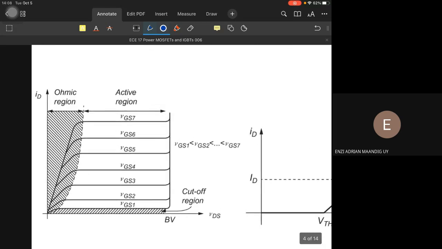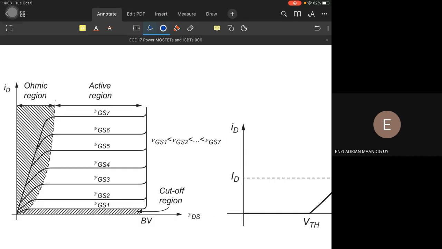So, here now is the characteristic curve of our MOSFET. We also have three regions: the ohmic region, the active region, and the cutoff region. The ohmic region here is synonymous to the saturation region of the BJT. But it is somewhat trivial why they did not use saturation for the ohmic region.